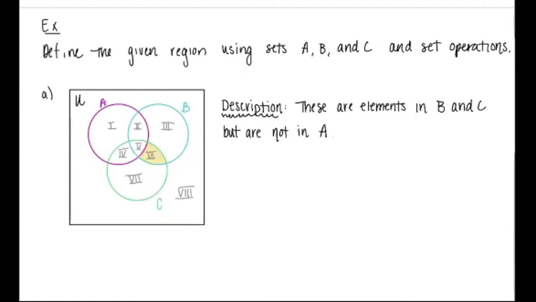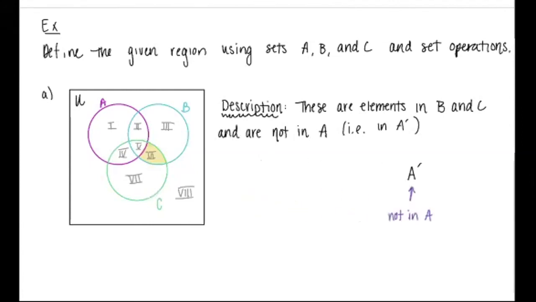And ultimately, that would mean if they're not in A, they're in A complement. So they're not in A. That represents the set A complement. But they are in B and C.